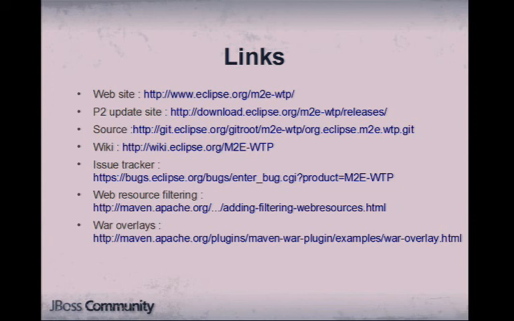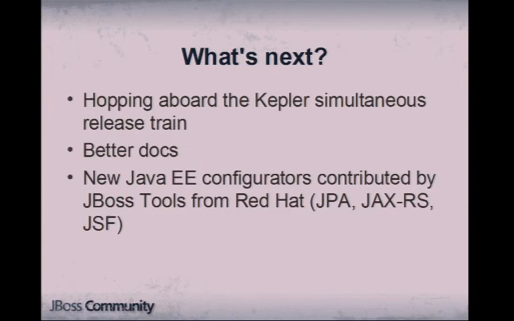Basically that means that if your project contains a persistence.xml, then we add the JPA facet. Is this part of the WTP feature, or is it another Maven? No, the three configurators I mentioned there, they exist already in JBoss Tools. So if you're using JBoss Tools or JBDS, you have access to that. But we're planning on contributing them back to the Eclipse Foundation, to the M2E WTP project.